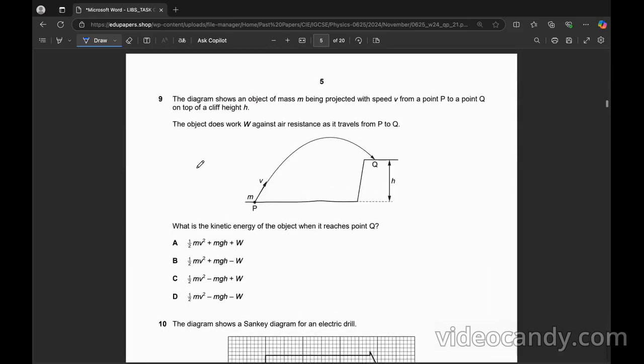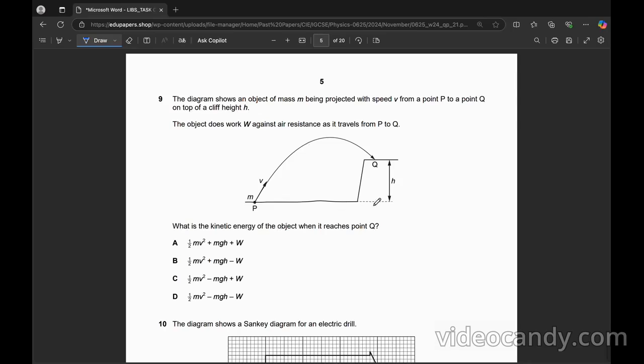So number 9, the diagram shows an object of mass m being projected with speed v from a point P to a point Q on top of a cliff of height h. The object does work W against air resistance as it travels from P to Q. What is the kinetic energy of the object when it reaches point Q?